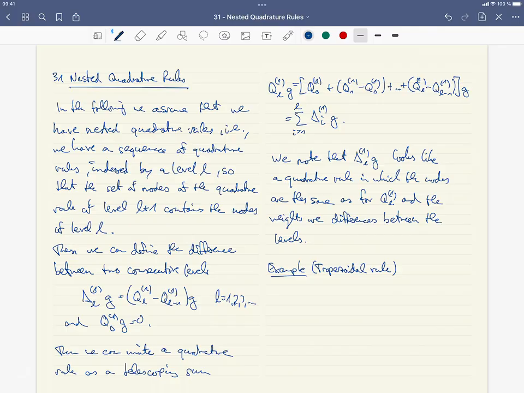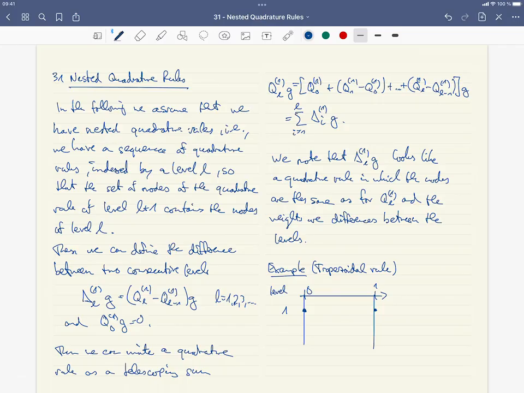I'm on the interval 0, 1. When I'm at level 1, I can use the leftmost point and the rightmost point. That's what the trapezoidal rule would do.